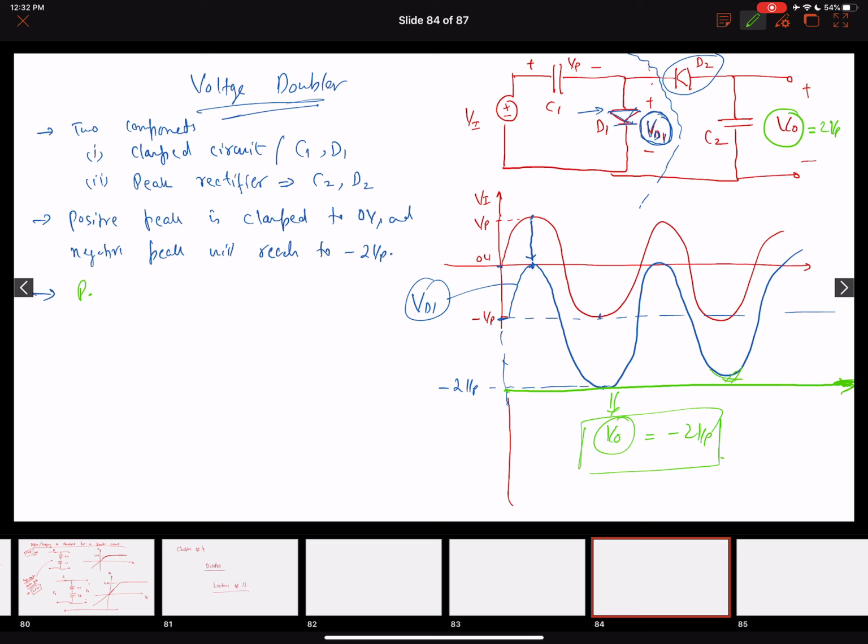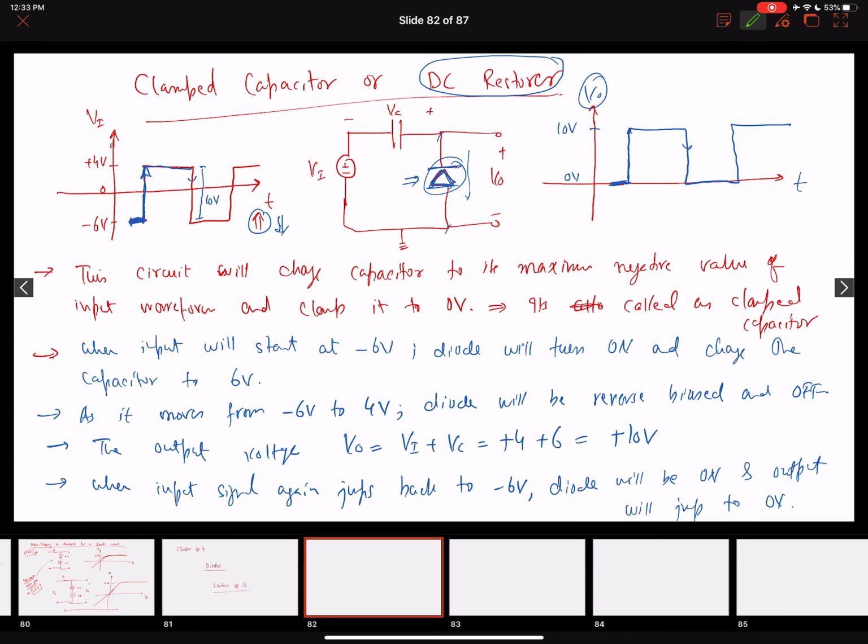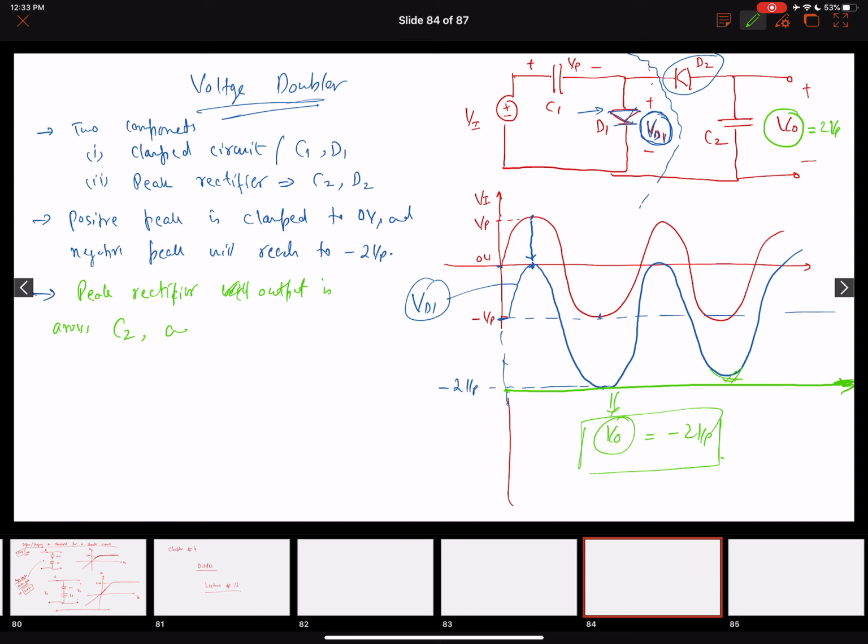Right, so our peak rectifier output is across C2, and it will provide the total voltage of minus 2 Vp, right?